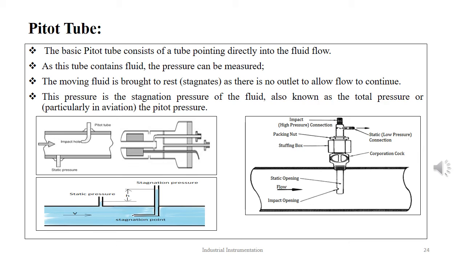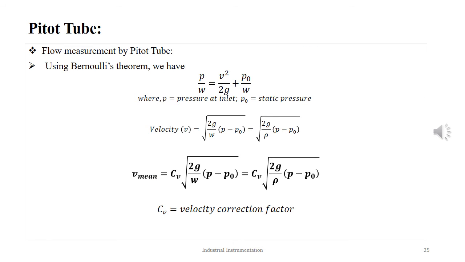If we assume a steady, one-dimensional, incompressible, frictionless fluid with no heat loss from free stream velocity and apply Bernoulli's principle between a point in the free stream and another point at the tip of the stagnation tube, we get P static by rho plus V square by 2 equal to P stagnation by rho. From there we get V equal to under root 2 into P stagnation minus P static by rho.